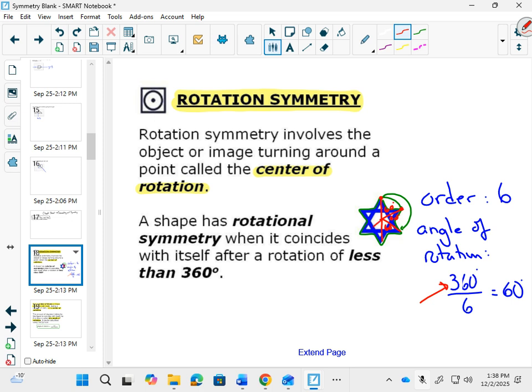Plus another 60. 240 plus another 60. Plus another 60. 360, all the way around. So you can see how using the order and dividing 360 by that gives us the angle of rotation. And the angle of rotation is the minimum you'd have to turn it before it matches up again.